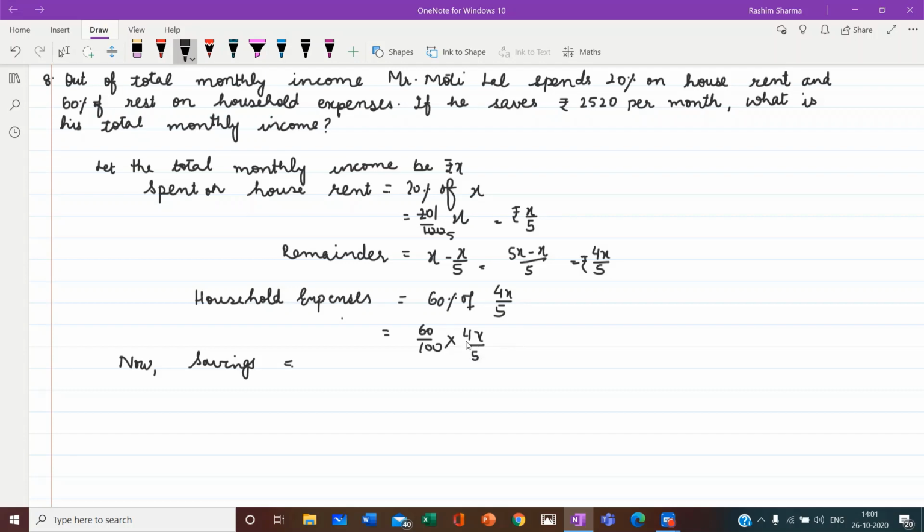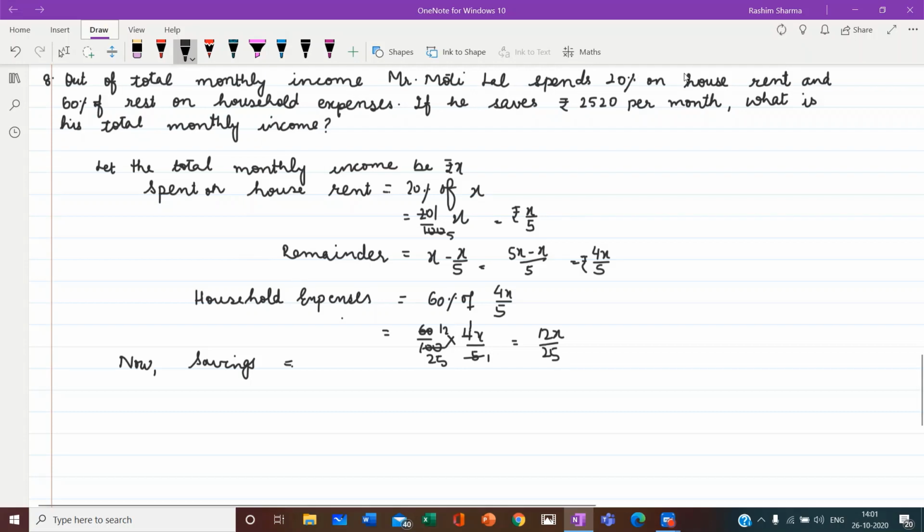So here we can reduce, and here 5 ones and 5 12s. So we get 12x on 25 as the money spent on household expenses.